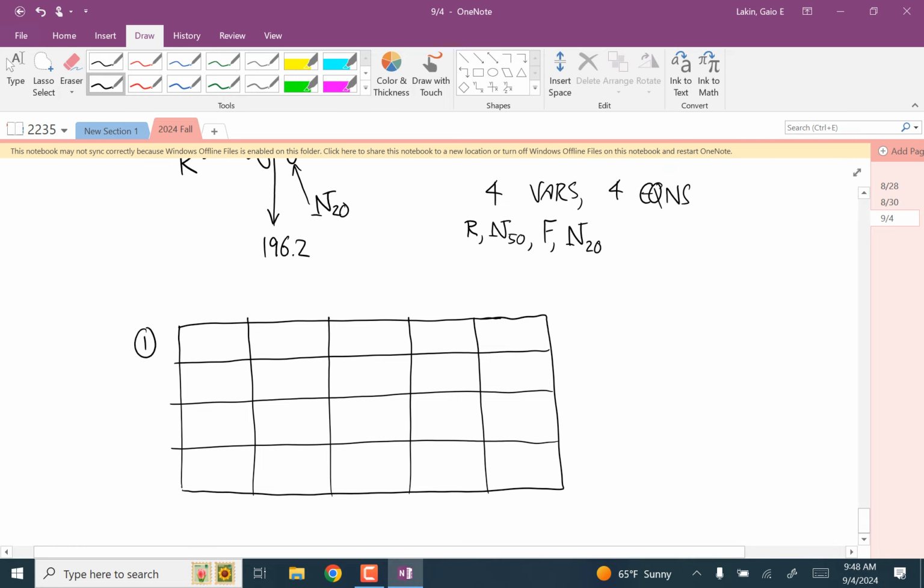The rows represent equations 1, 2, 3, and 4. The variables can go in whatever order you choose. So I'm going to choose R, N50, F, N20. And then these are the constants.